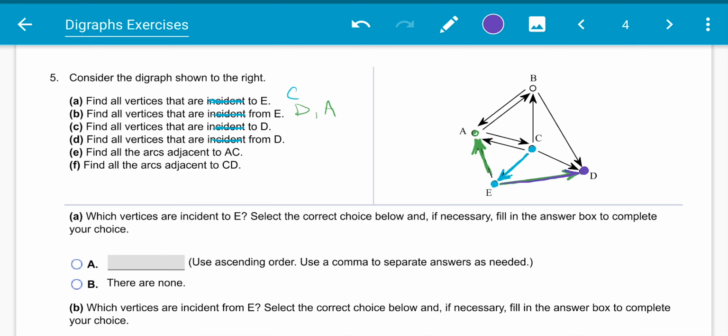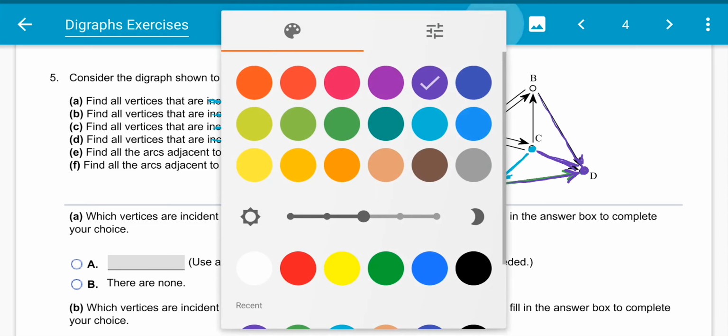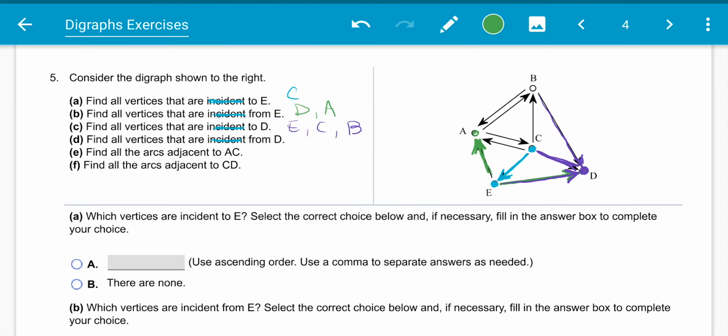We can get to D from E, we can get to D from C, and we can get to D from B. Now, are there any ways that we can get from D to somewhere else? Well, because the out degree of D equals 0, we don't have any. So there's not any there.